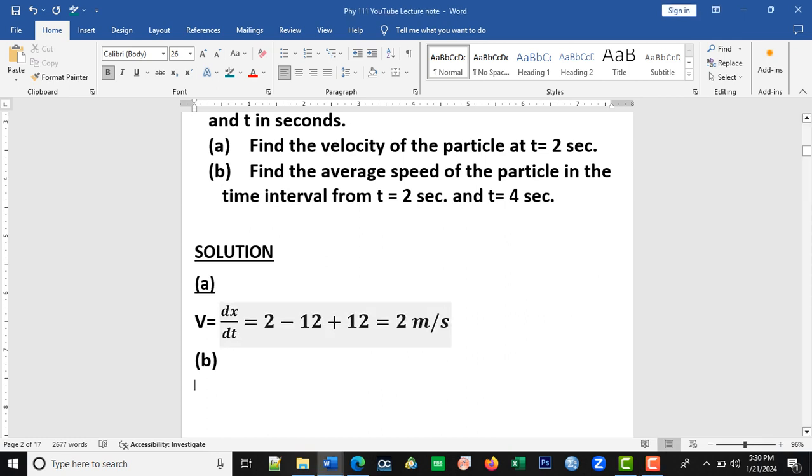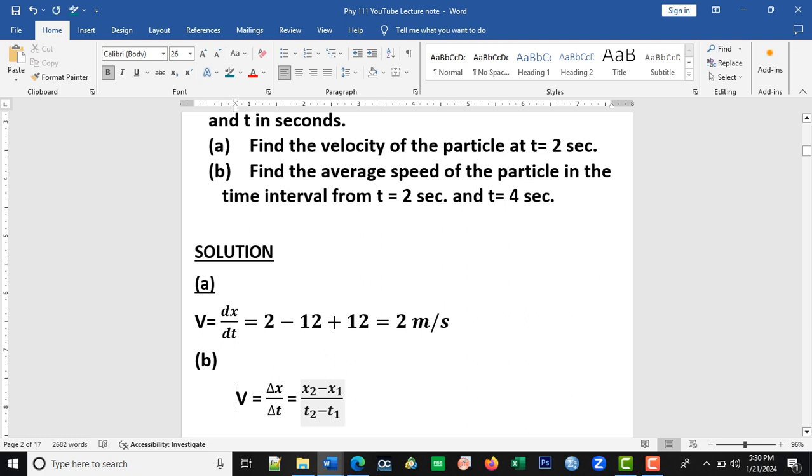So the second option says, find the average speed of the particle in the time interval from t equals 2 seconds to t equals 4 seconds. Average speed, we can call it average velocity. We are going to use the formula.